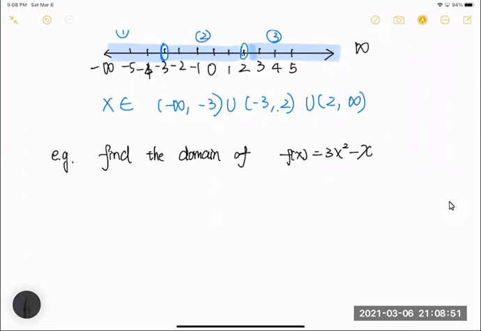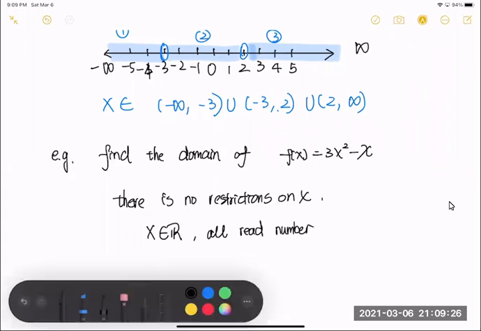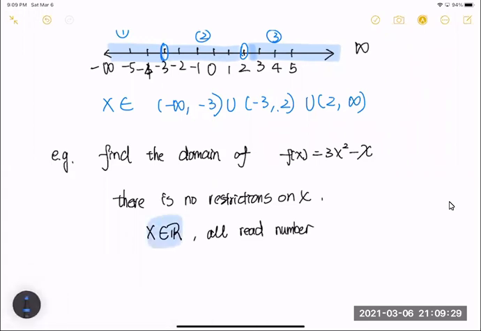When you look at this equation, we know that there is no restriction on x. x can be a negative number, x can be a positive number, x can be 0, x can be any number. So that means x is in all the real numbers. This notation means all the real numbers. So that's the domain of this function.